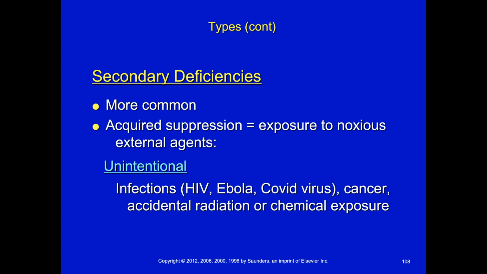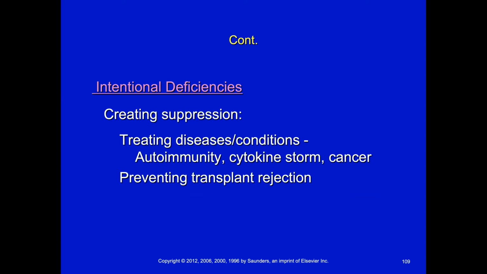Other sources of deficiency could be various cancers, accidental or excessive radiation, or exposure to toxic chemicals. Then there are intentional deficiencies. These are done on purpose to create suppression, and they are used for treating or preventing certain diseases or situations from occurring.